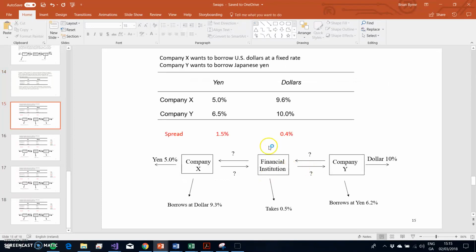Okay, so what we have here then is this differential in spreads. How much potentially is available for each of the counterparties in terms of savings here.